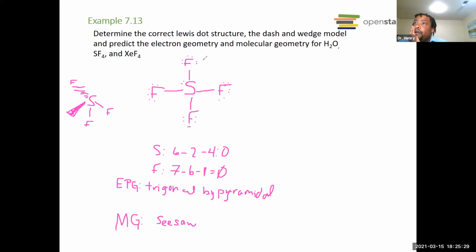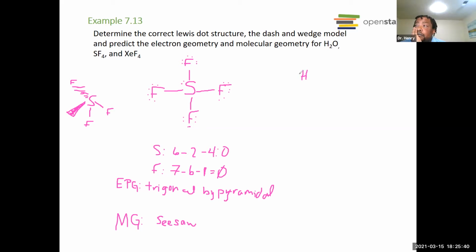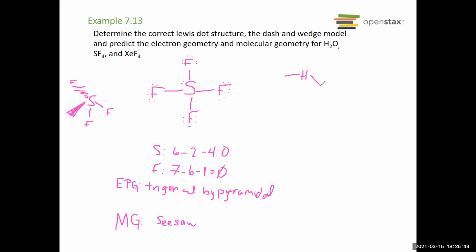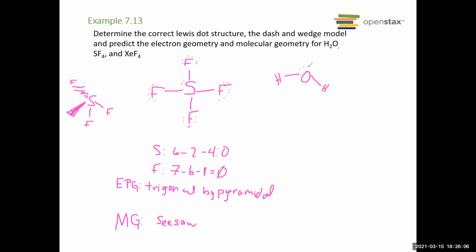Okay, so what about water? Who's going to be in the middle? Hydrogen. Hydrogen's going to be in the middle? Oh no, I mean oxygen. So we have hydrogen here, and do we have any valence electrons? Yeah, you have 2 lone pairs for oxygen.